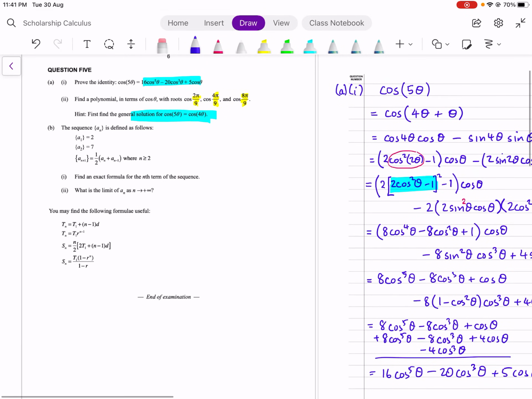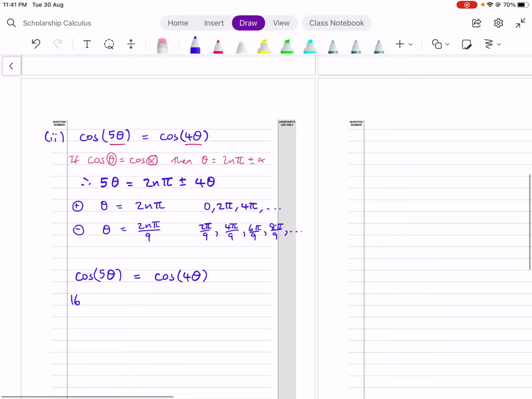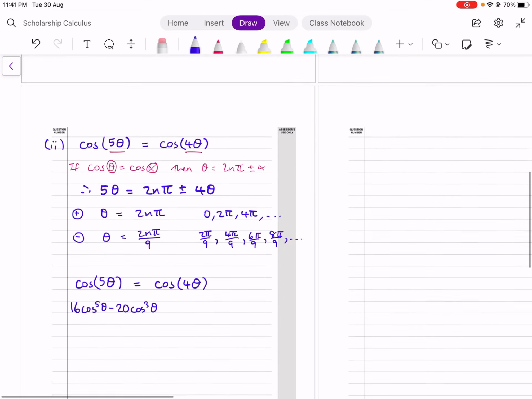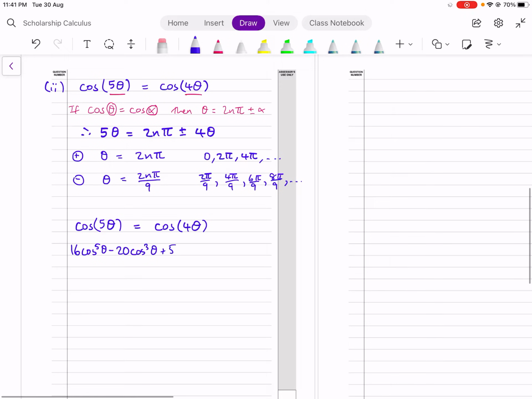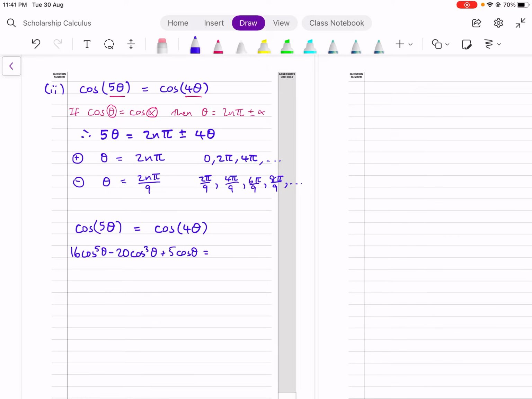So if you go cos 5 theta is 16 cos to the 5 theta minus 20 cos cubed theta plus 5 cos theta, that's the left hand side, equals, and we need a similar formula for cos 4 theta, but fortunately cos 4 theta is a little bit easier to work with because it's an even number. I'll let you fill in the details here.